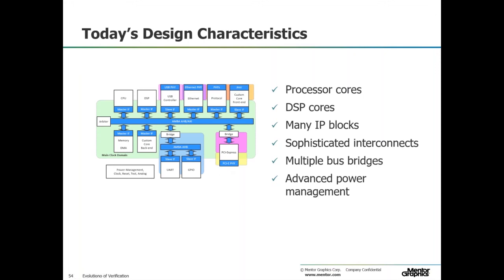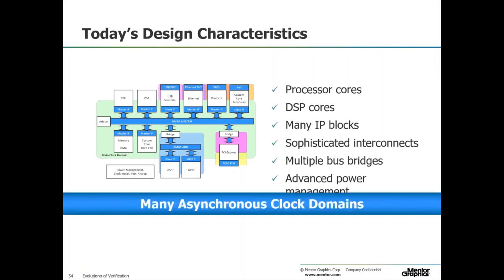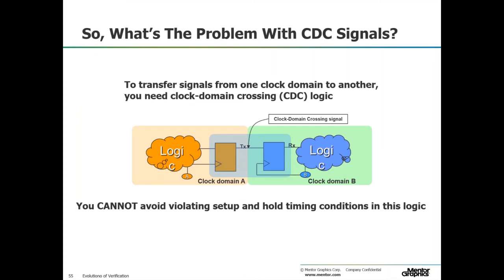And for every one of those asynchronous clock domains, you now have a clock domain crossing, which means you will potentially have a metastability issue. Metastability is unavoidable in a digital ASIC.